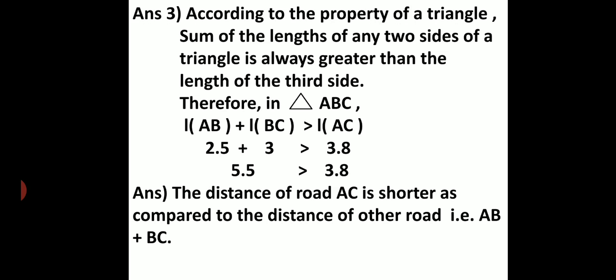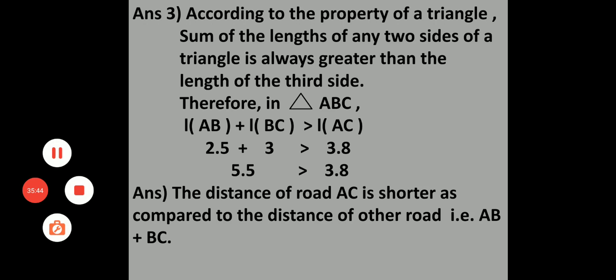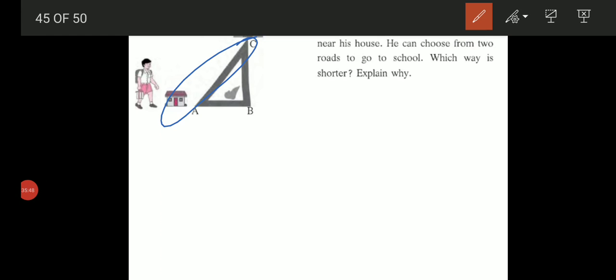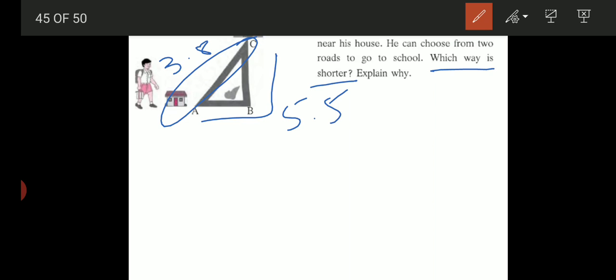So here you can see that he will select the road which is AC road, because it is measuring 3.8 and these two roads are measuring 5.5. So obviously in the question they have asked you which way is shorter and you have to explain why. In the solution I have shown you how to explain or justify your reason.